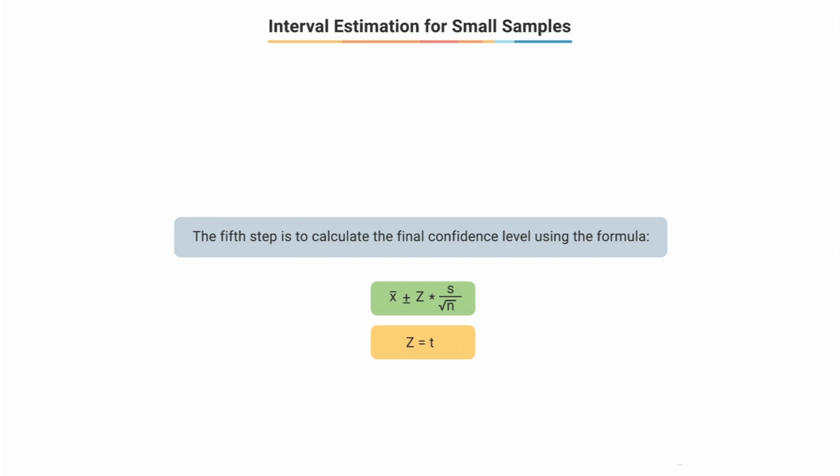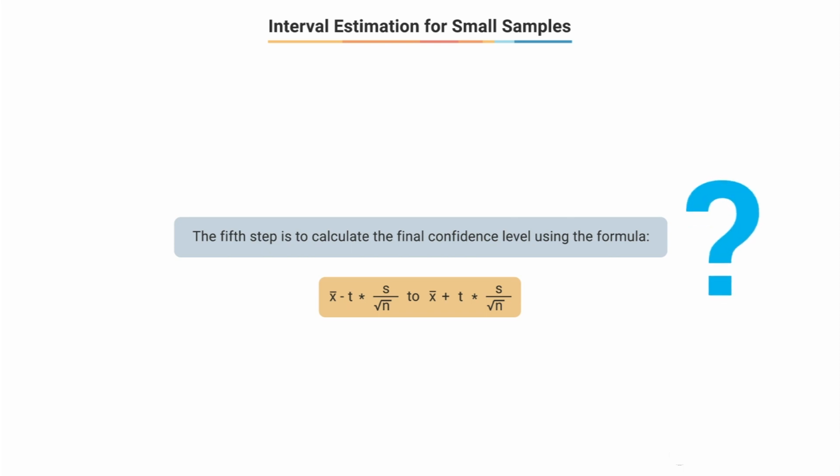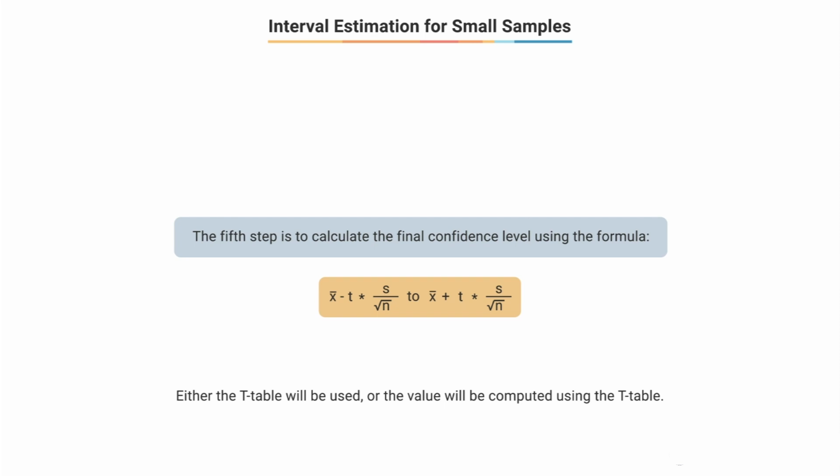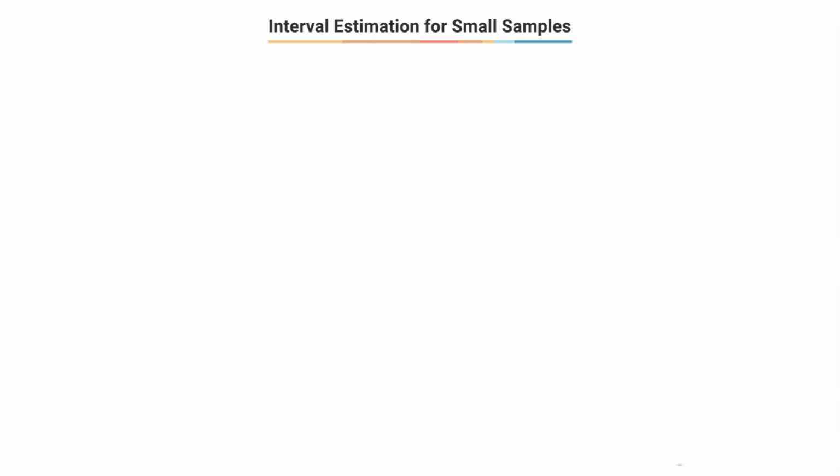The confidence interval for our population mean will thus be given by x bar minus t critical times s by square root n to x bar plus t critical times s by square root n. So what is the t critical value? To calculate this value, we'll use either the t table, or you can also compute t values easily using software. So we are going to search for 0.05 significance value and two-tail test.